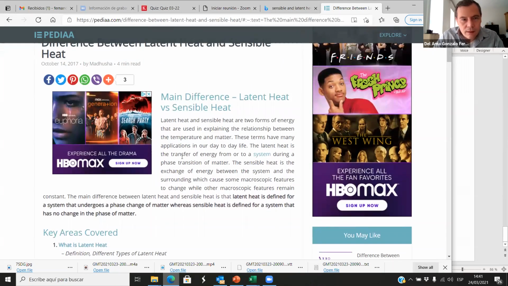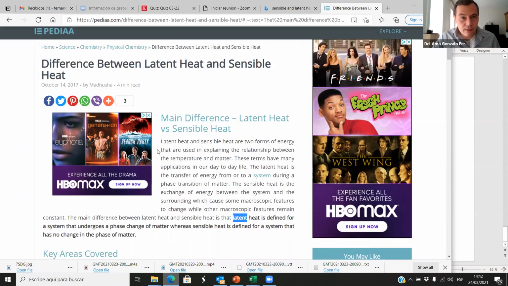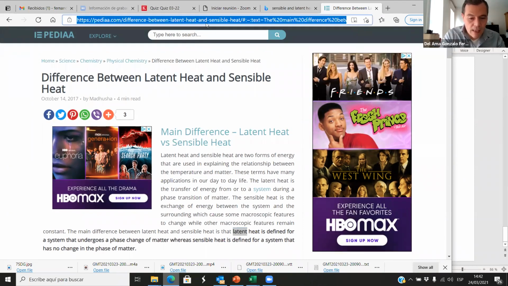Basically, the sensible heat has to do with temperature. So when we change the temperature, we change the sensible heat. But latent heat is the heat that we gain without changing the temperature. So it has to do with moisture. When we have moisture in the air, we can increase the amount of energy of that air without changing the temperature, because this energy is gained by the moisture. Okay, so that's why we call this latent. Latent is a word that comes from Latin.